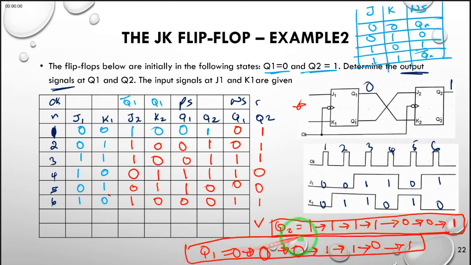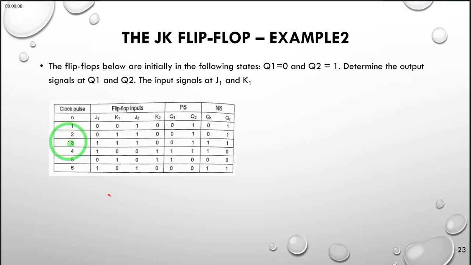You can give them together or individually depending on how you like, and you can always draw the clock pulses for these changes, as we can see here below. So this is the table that we have developed. It is exactly as we have drawn it, and we have seen that our Q1 is transitioning in this pattern 0, 0, 0, 1, 1, 0, 1, and Q2 is transitioning from 1, 1, 1, 1, 0, 1.